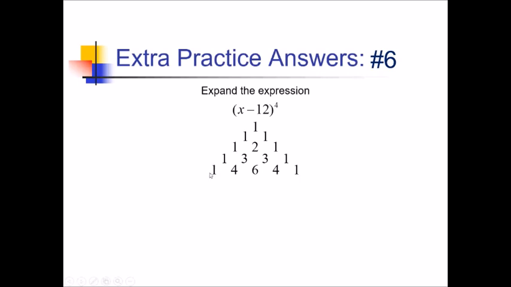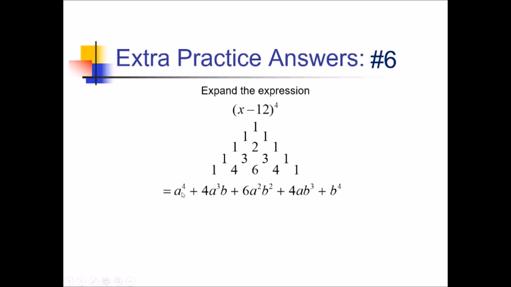This is 1a to the 4th, b to the 0, and I don't have to write b to the 0. We have plus 4a cubed b to the 1st, plus 6a squared b squared, plus 4 a to the 1st b to the 3rd, plus 1 a to the 0, which I don't write, b to the fourth. In this setup, we've got an a value of x, and then this negative 12, that whole negative 12 there, is the b value.